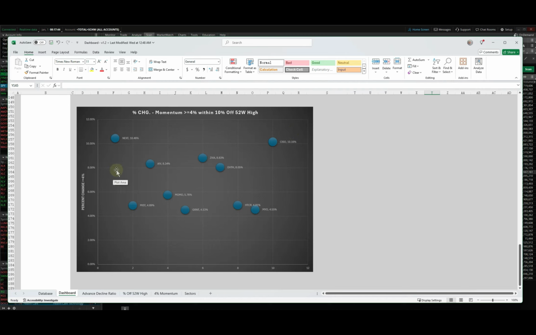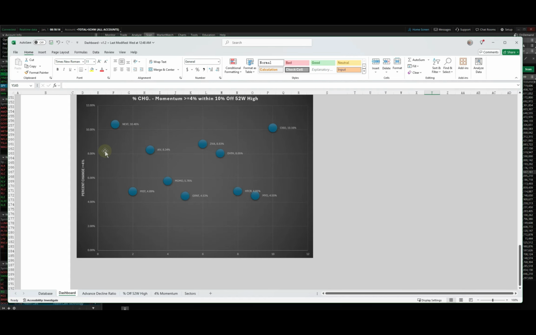Or even sometimes we have the cluster at 50%, and I can see how many stocks were up more than 50%, and this cluster also tells me the strength of the market. But today mostly we have 4 to 6%, and a couple at 8 to 10%. So I don't see any big momentum day on the upside today.